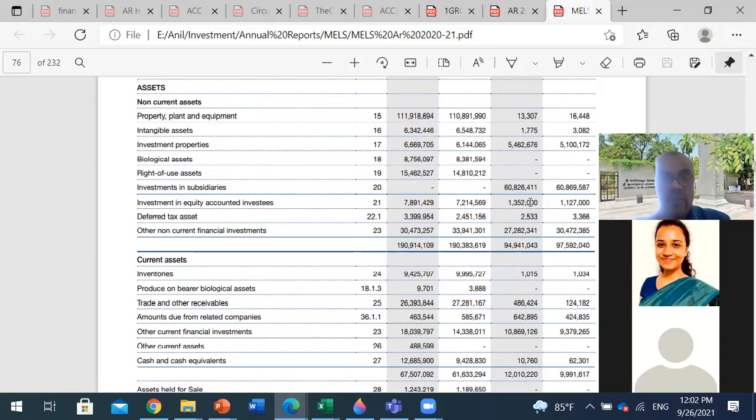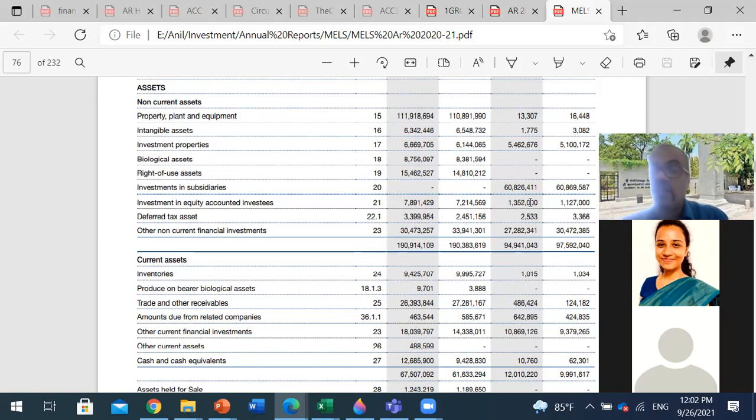Investment in equity accounted investees means investments accounted under the equity method, especially when we have associate companies. You can follow the equity method as long as you have significant influence over that investment.